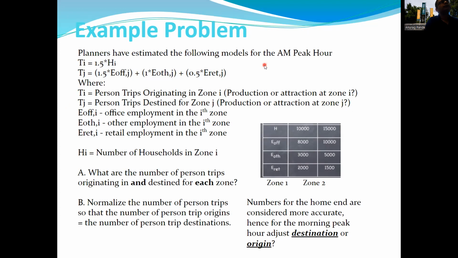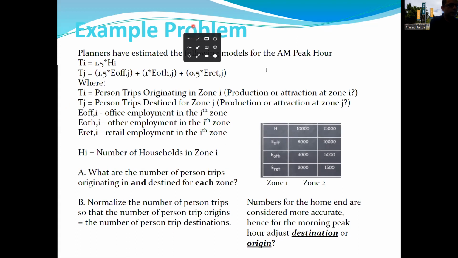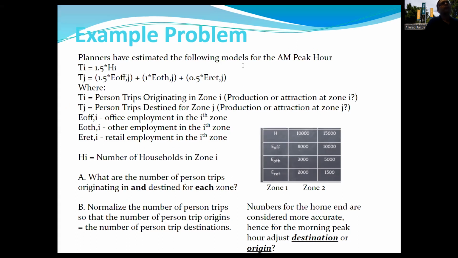Let me write down those numbers. So T1 origin value was 15,000 trips, and T2 origin was equal to 22,500 trips.